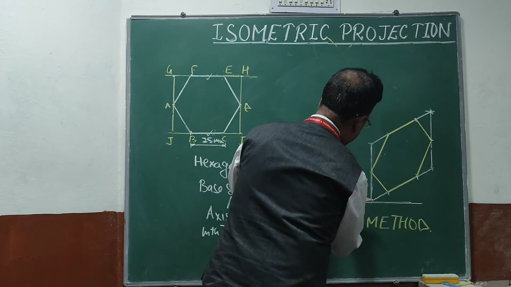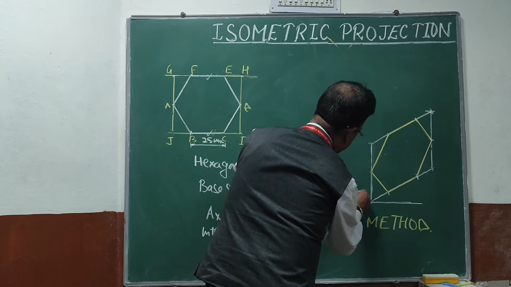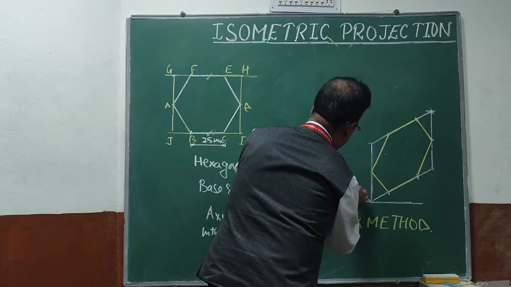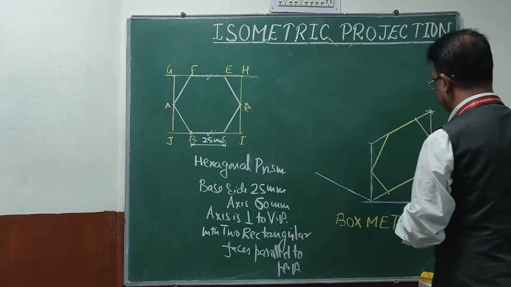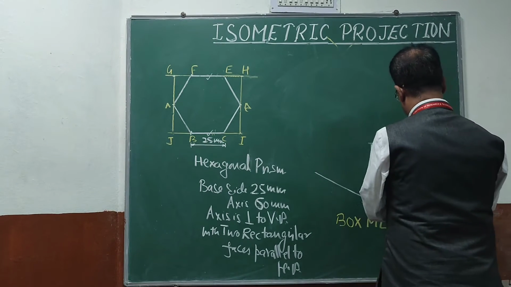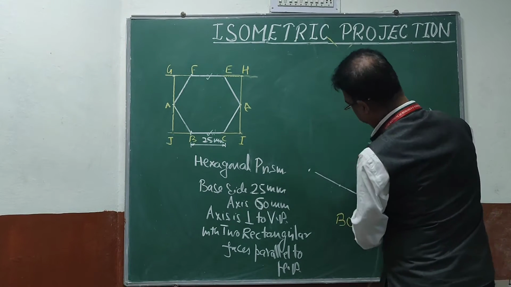So for that I will draw another 30 line, that is in the third direction. On this 30 line I will mark the distance 60 mm. So this is 25 plus 25, 50.